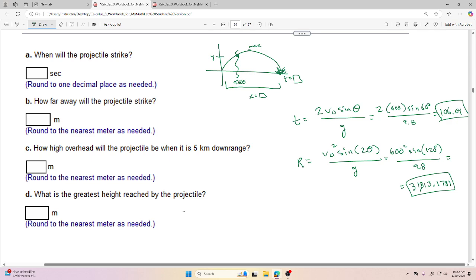So how can I find the y value here? Well, we need a formula for the y values, right? Y naught plus v naught sine theta times t minus 1/2 g t squared. What's my initial y? Initial velocity? Angle of? And then my g was?